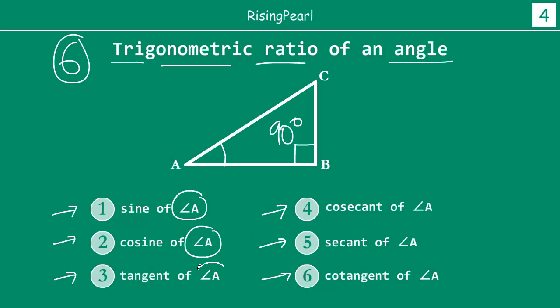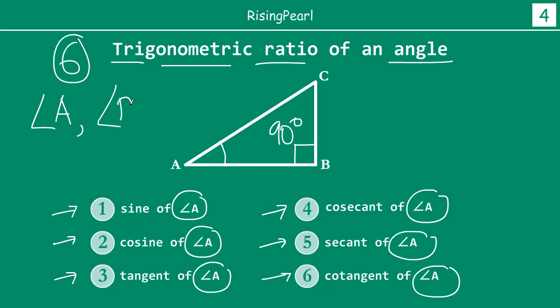As you can imagine, any triangle has three angles: angle A, angle B, and angle C. So each angle will have 6 trigonometric ratios. We still don't know what they are, but there are 6 trigonometric ratios, and they are for each angle, right?